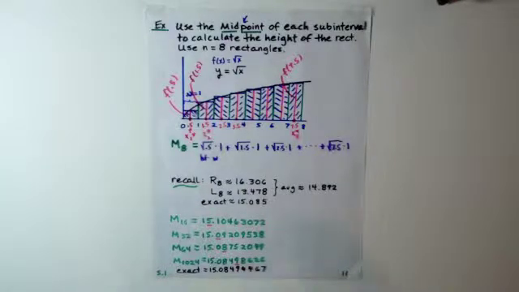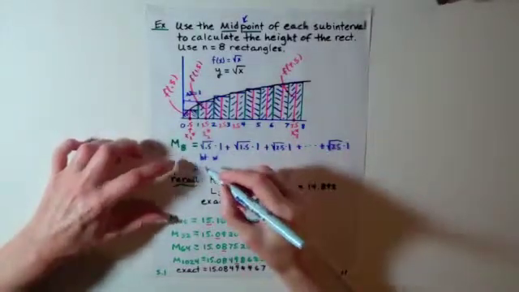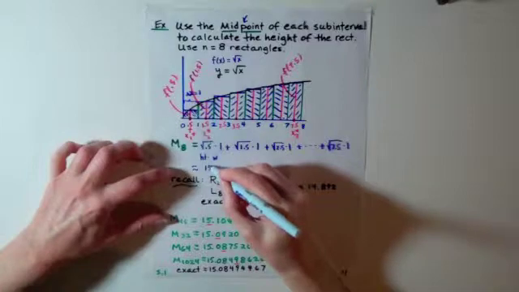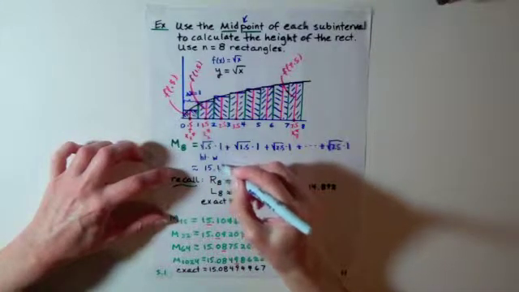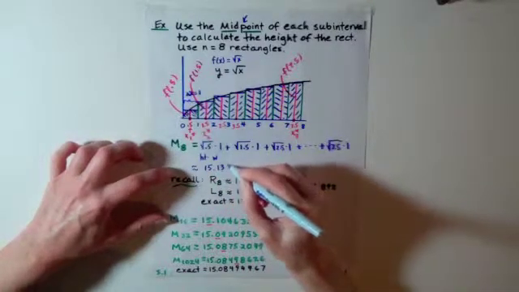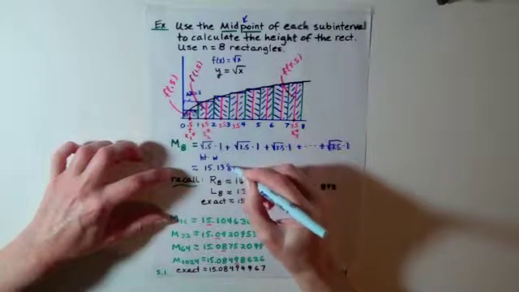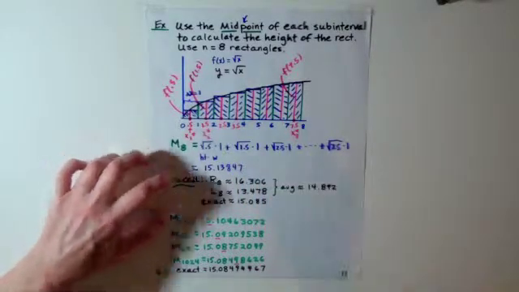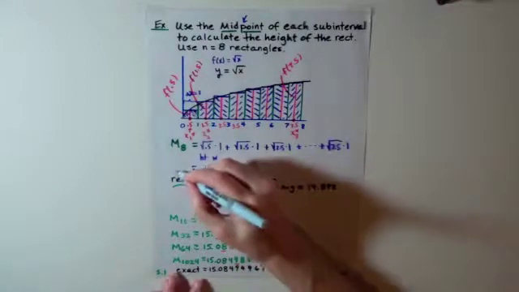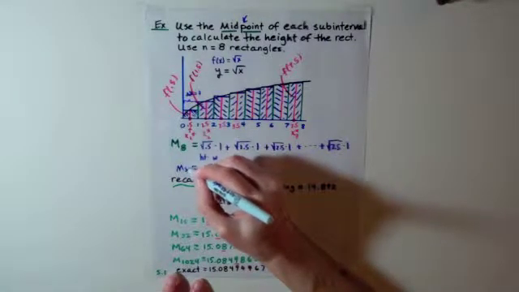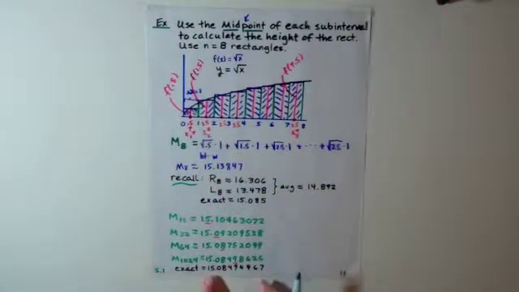So let's go ahead and see what exactly that comes out to be. I plugged all of this into a calculator and got approximately 15.13847 roughly. So this M sub 8, the exact area, if you remember we talked about that before, is 15.08494.